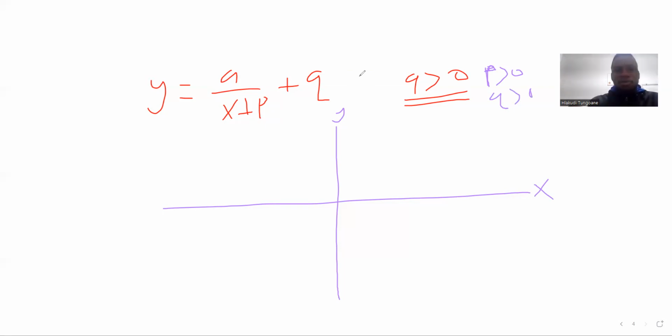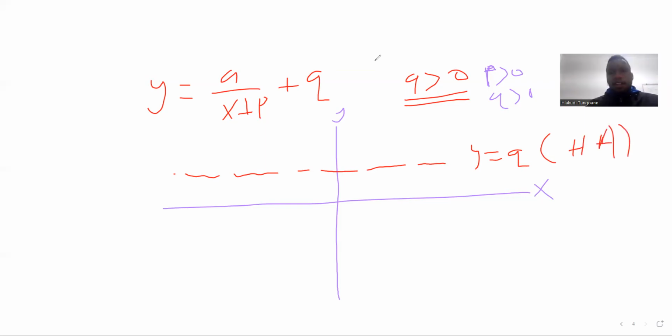So then what's going to happen is that you're going to have this line here, which is y equals Q. That's the horizontal asymptote.